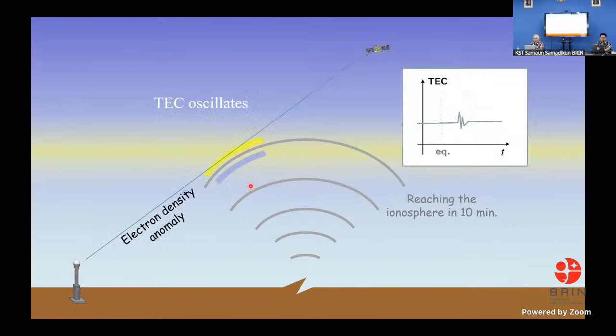If you observe the total electron content from one station, there is an irregular electron density in the ionosphere. Then you get a signature like this. It's an oscillation.